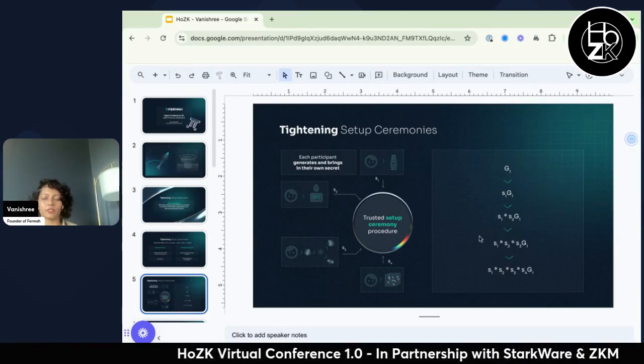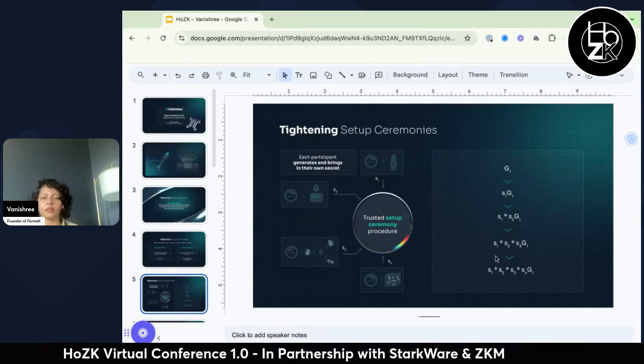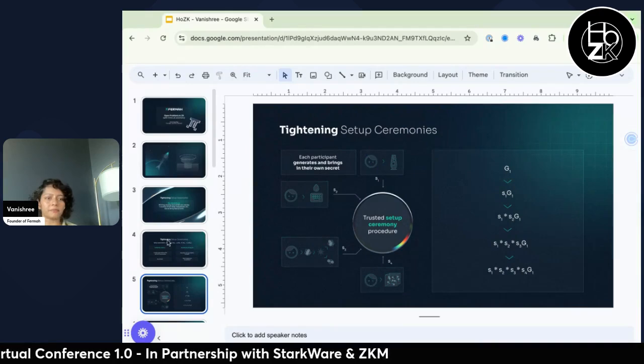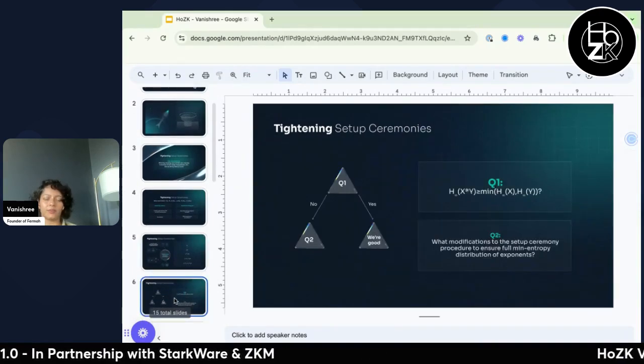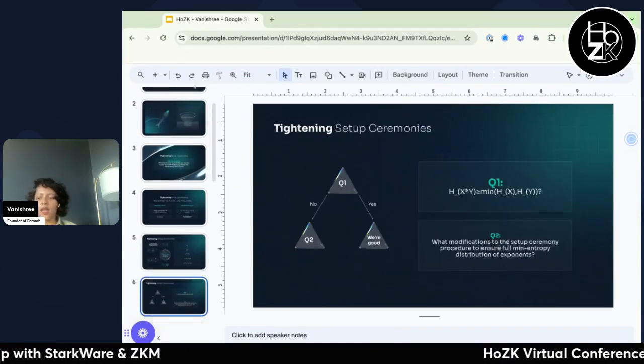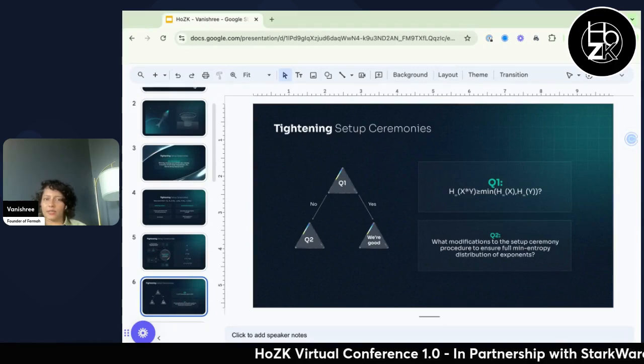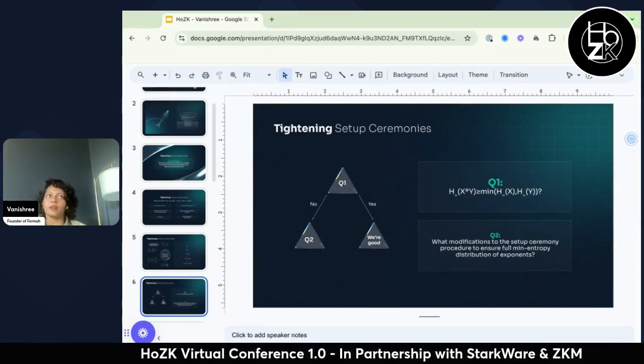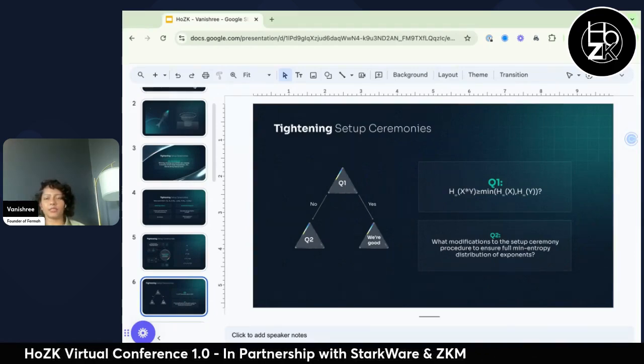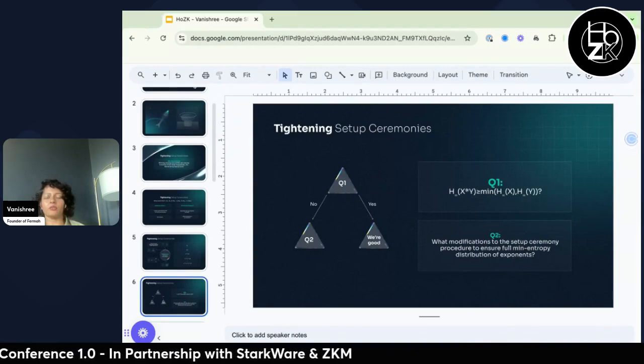These are different contributions, and tau becomes a product of these values. Now, back to the question. As a reminder, are we okay doing trusted ceremonies the way we are doing them? If not, what should we do?